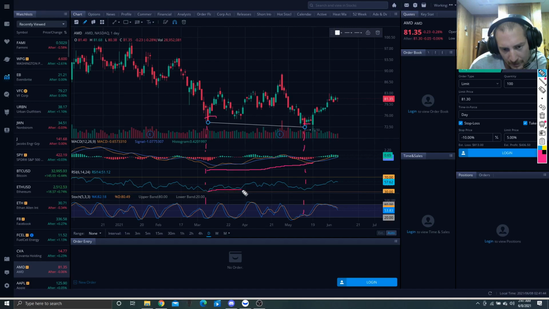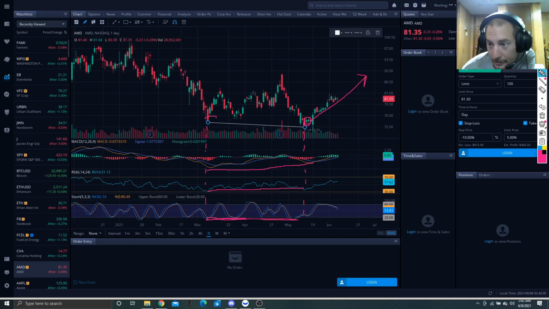Our RSI is making higher lows. I'm sorry, my lines are not straight, but trust me here, this is definitely making a higher low. Our stochastic is not quite showing divergence, but it is making the same low. And then what happens shortly after that? Price reverses and moves up, right?